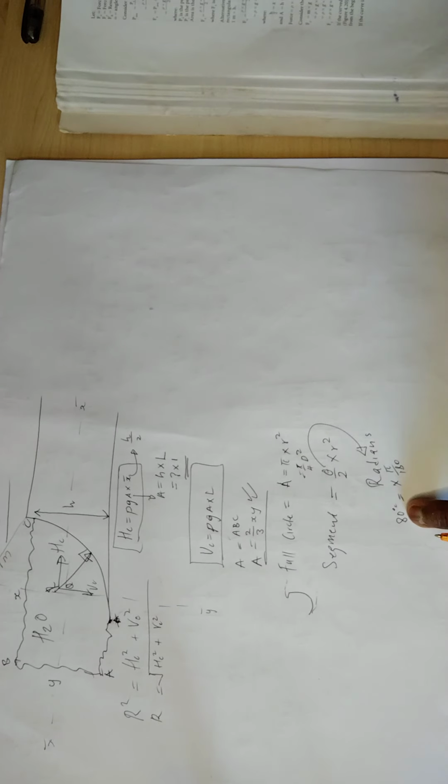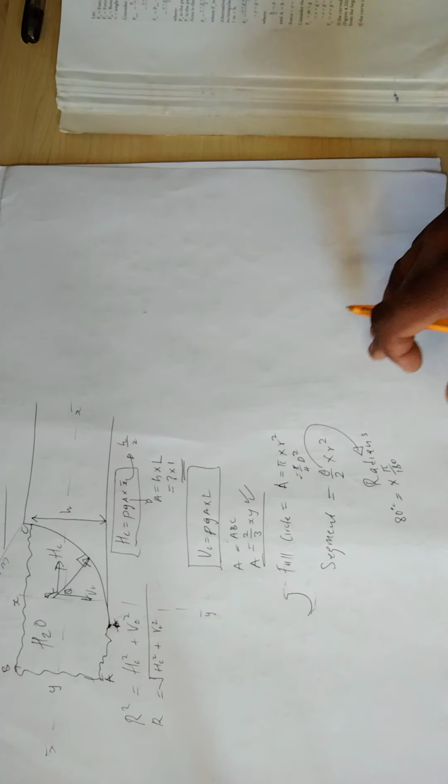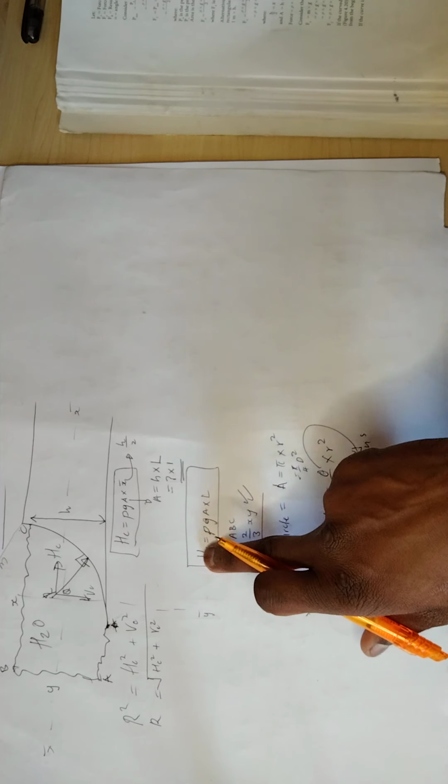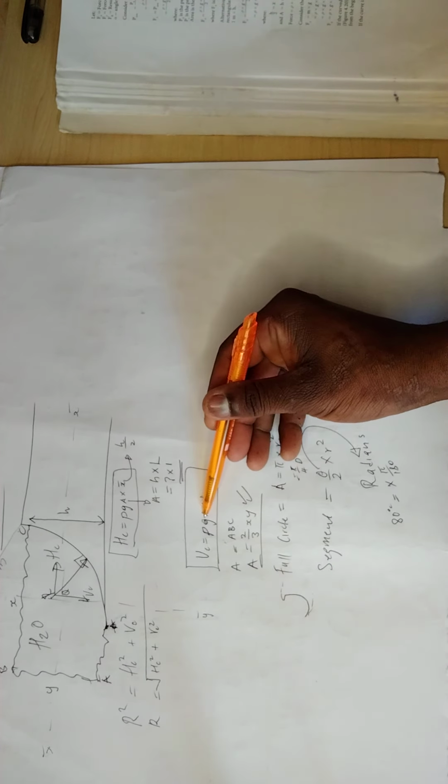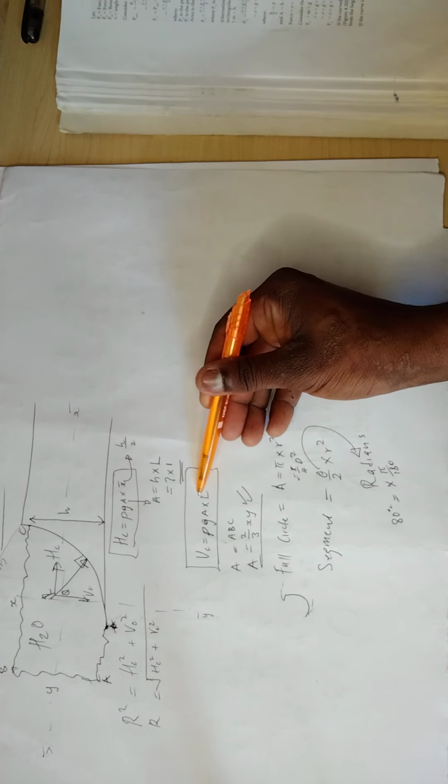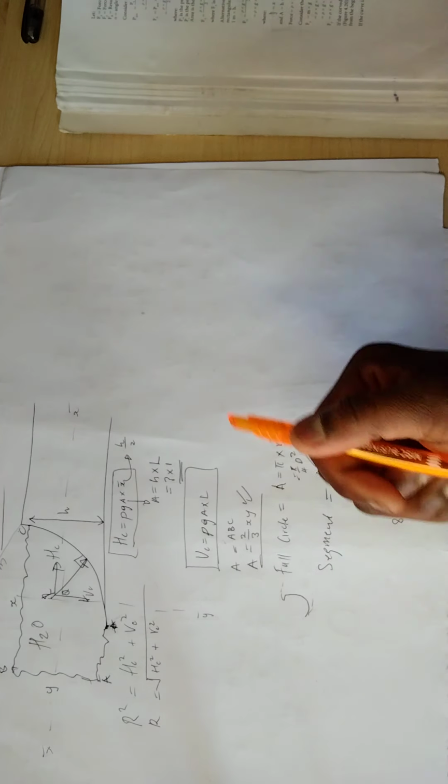If you multiply 80 with pi over 180, it's going to give you a radian number, and we will be able to find our vertical component. Then we use whatever angle we get, substitute it here, and find our length.